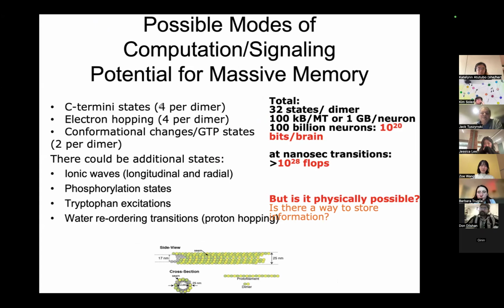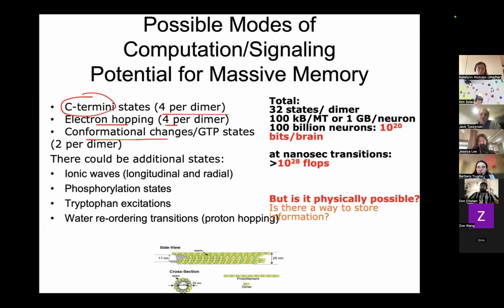There could be many channels of information processing and information storage, or in other words, memory formation, that microtubules possess. I mentioned C-termini that can have at least 4 states per dimer, because there are 2 C-termini that could be in the stretched or bent state. There could be electron hopping, let's say between tryptophans, at least 4 per dimer. We know that there are also conformational changes, which are related to GTP hydrolysis on beta tubulin, and so on and so forth.